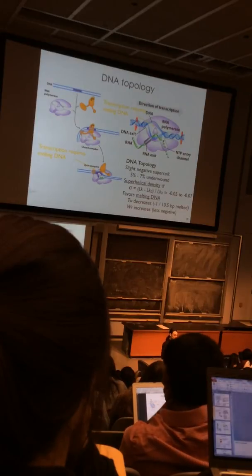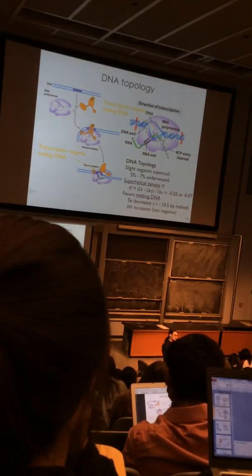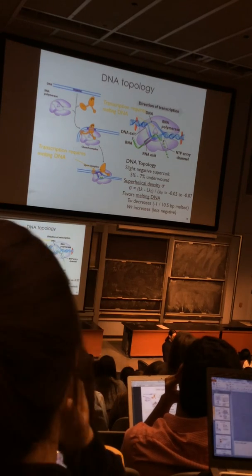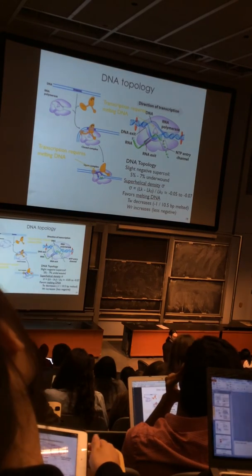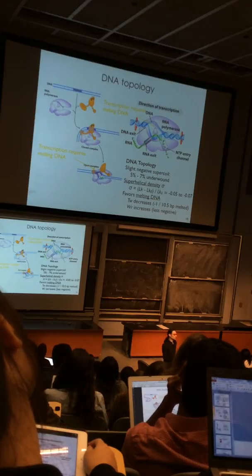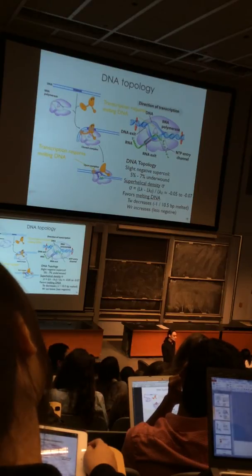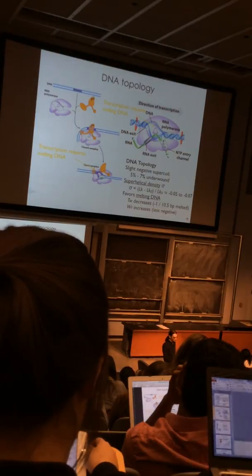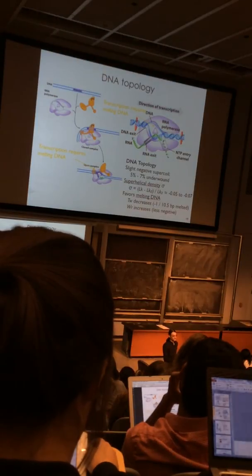And actually, in order to make it more favorable to melt apart DNA, the cell maintains a small amount of negative supercoiling, a small amount of default underwinding in its DNA. This is expressed as a superhelical density, that the DNA is about 5 to 7% underwound relative to what it should be.